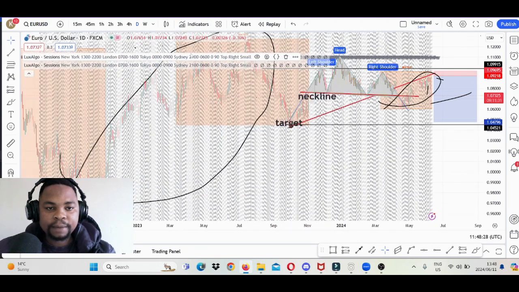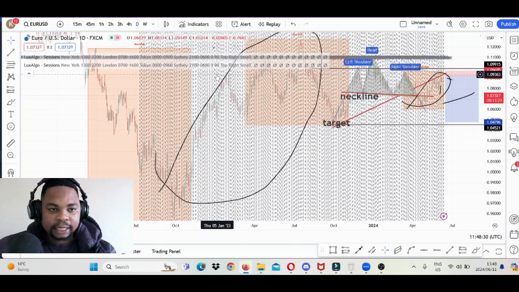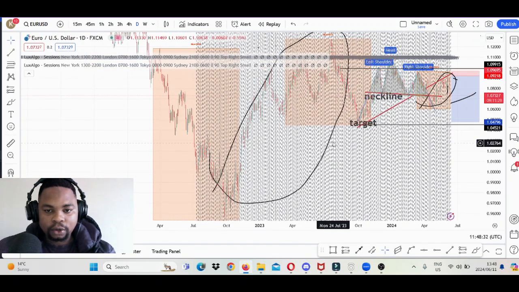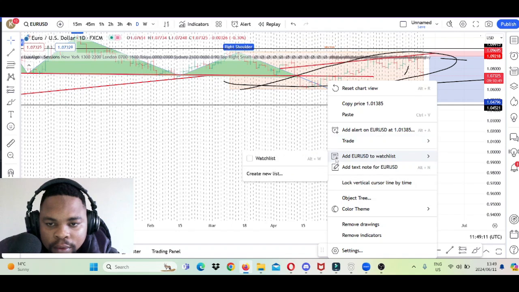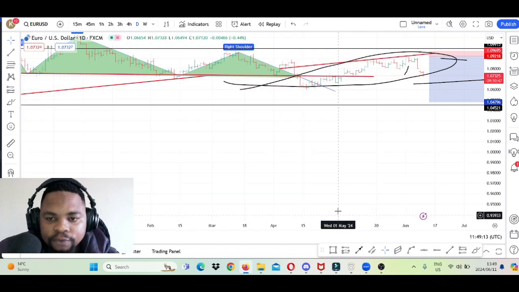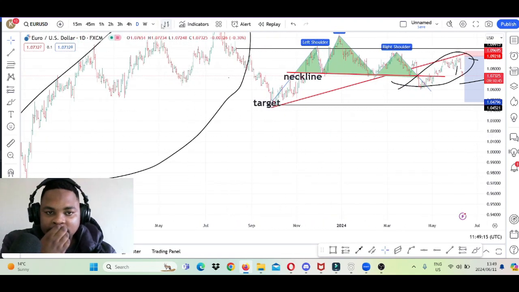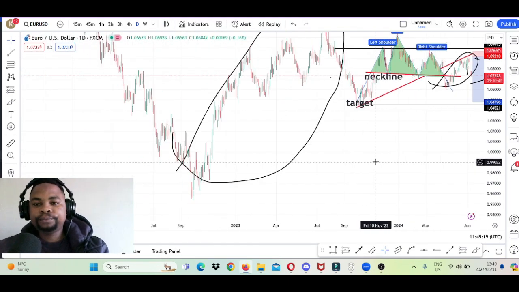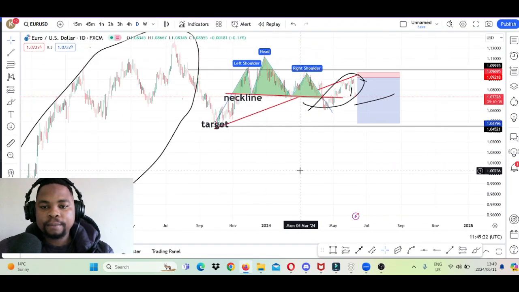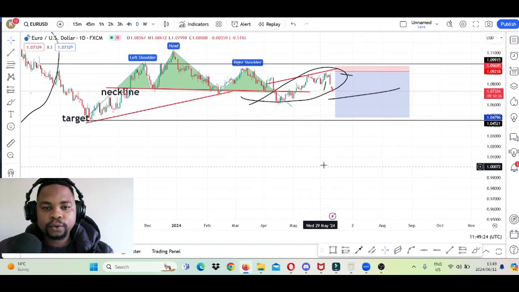So this is going to be highly important for you to take note of. So let's just try to remove this indicator. Remove the indicator, and then go back to it. Now we will remove the indicator because we want to focus on what I told you.